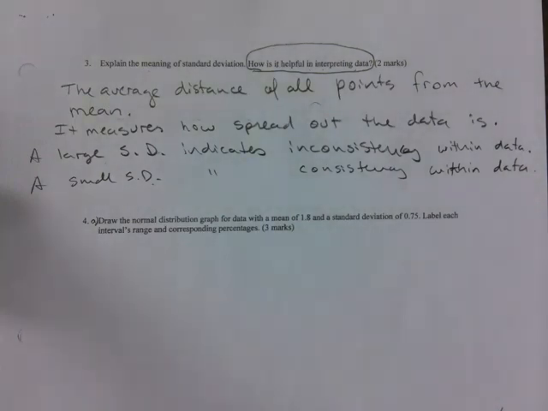So I would give you half for that part, for the interpreting part. So standard deviation tells you how far or how close from the mean points are by definition. And how is it helpful? Well, if it's small, then it indicates consistency. Everything will be clustered around the mean.